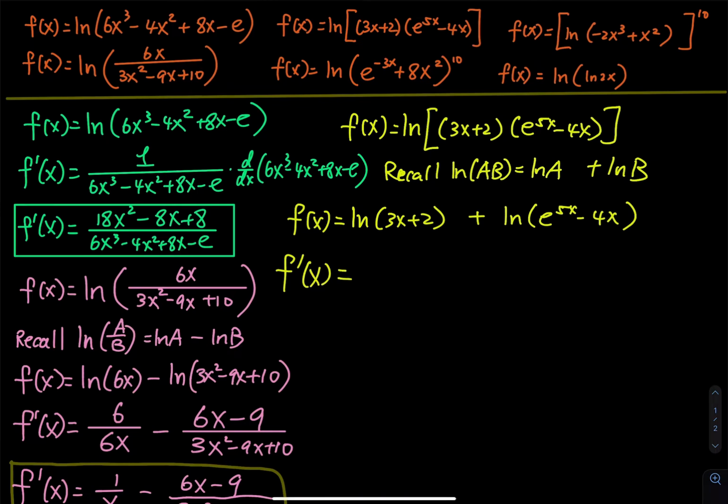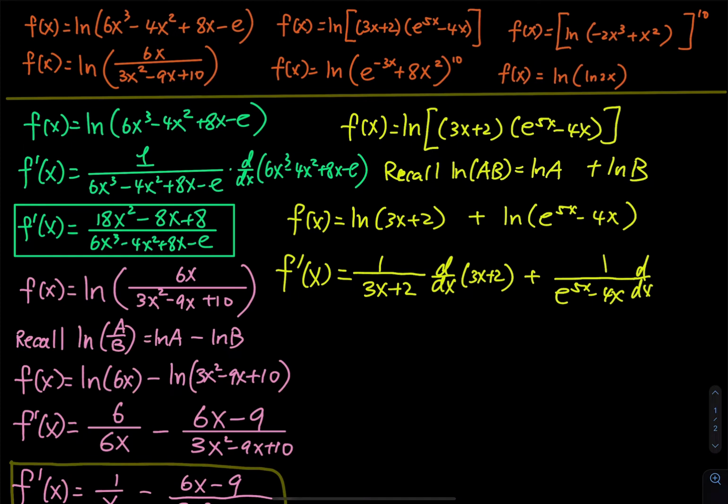So you have 1 divided by that. And if you don't want me skipping steps, I will write this down for you. So d/dx of 3x plus 2, this is by chain rule, and then you bring this entire piece into the denominator, with a 1 on top. And then you do a chain rule: e to the 5x, 5, right?